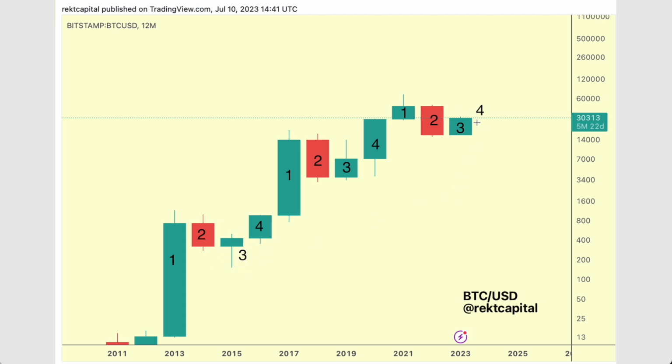And then we'll see a deeper correction, and maybe that correction will even occur into 2024. Because if we look at candle 4s, for instance, the open of a candle 4 occurs at a lower price than where candle 3 peaked.